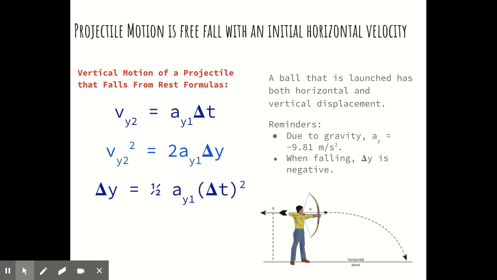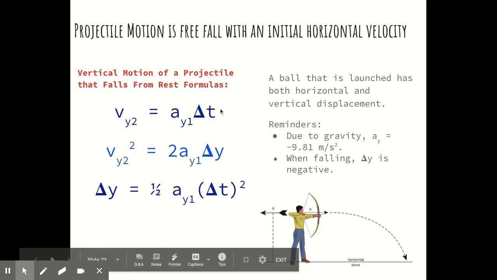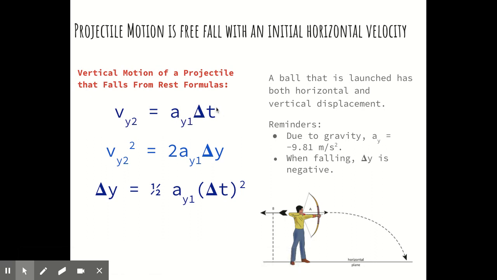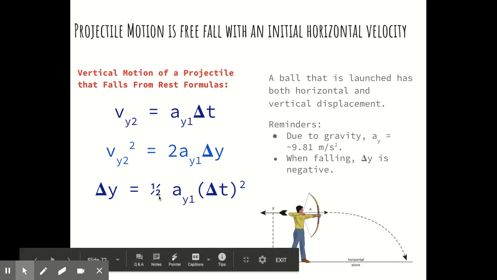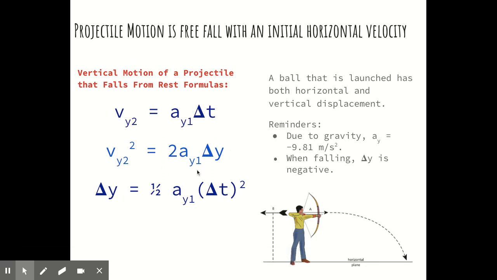So we do have 3 formulas here. This first one is basically velocity is equal to acceleration times time, or the change in time. Then we have velocity squared is equal to 2 times acceleration times the change in vertical distance. Then we have the vertical distance is equal to 1/2 times acceleration times time squared. So hopefully these look familiar to you.